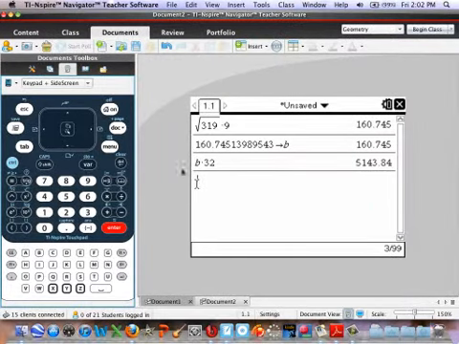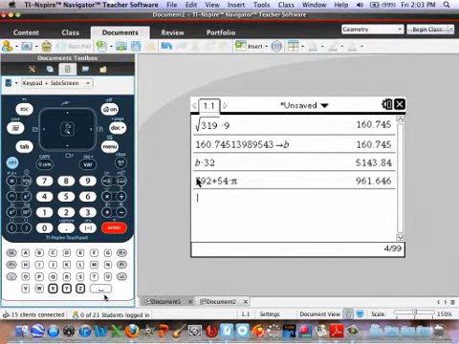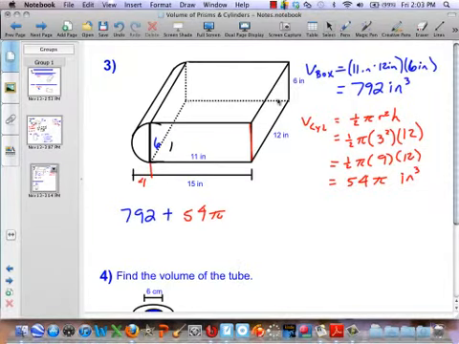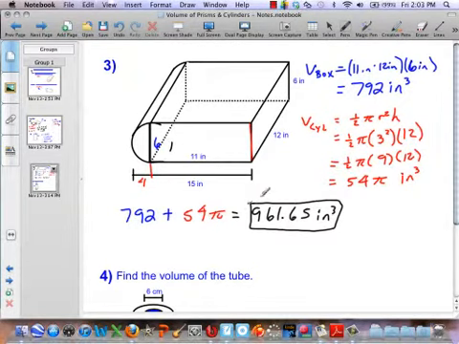So we're going to go 792 plus 54 pi. That's the total approximation, 961.65. Not bad, guys.